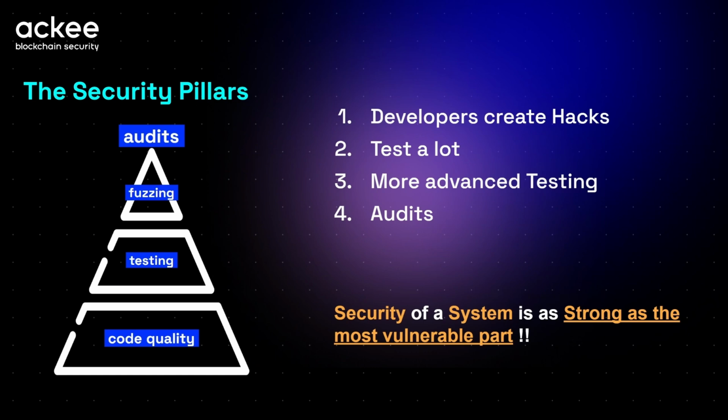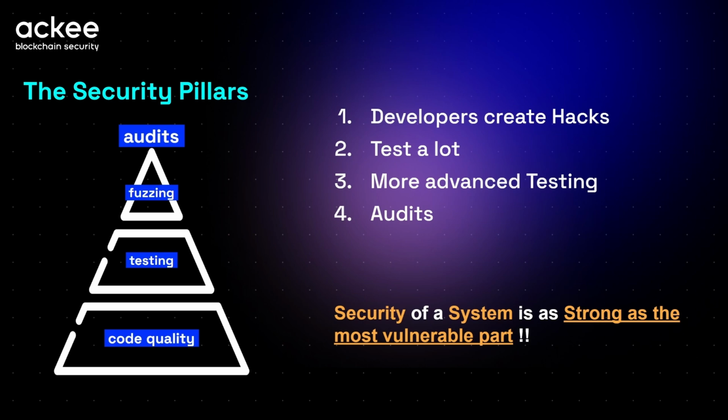So to recap, we went through all of the parts of this iceberg, or all of the pillars of security, starting from the code quality. That's the developer's responsibility. Testing is the same developer's responsibility, or maybe team members, or educating the team members for the best security practices. Then you should apply some advanced testing methods.